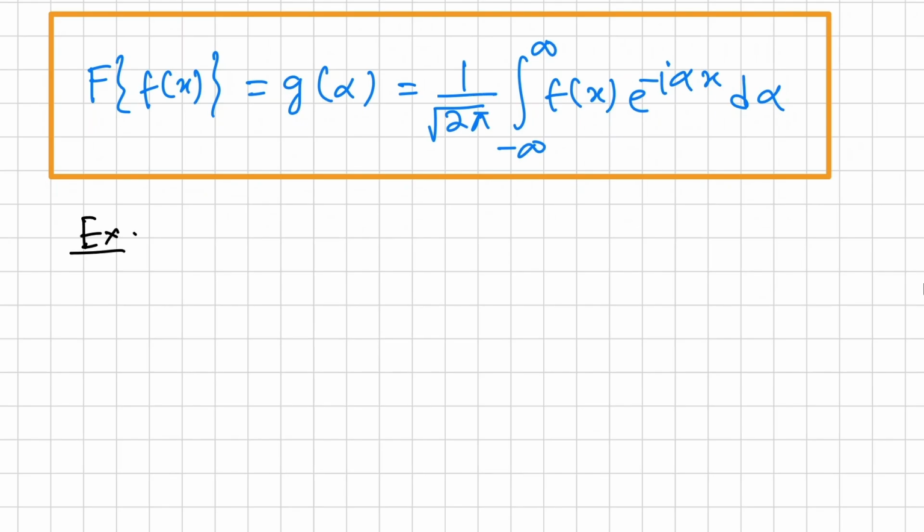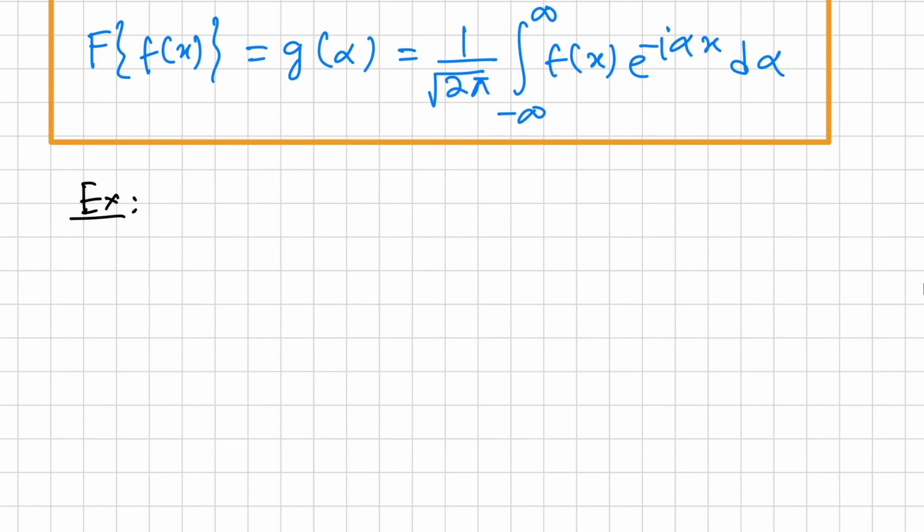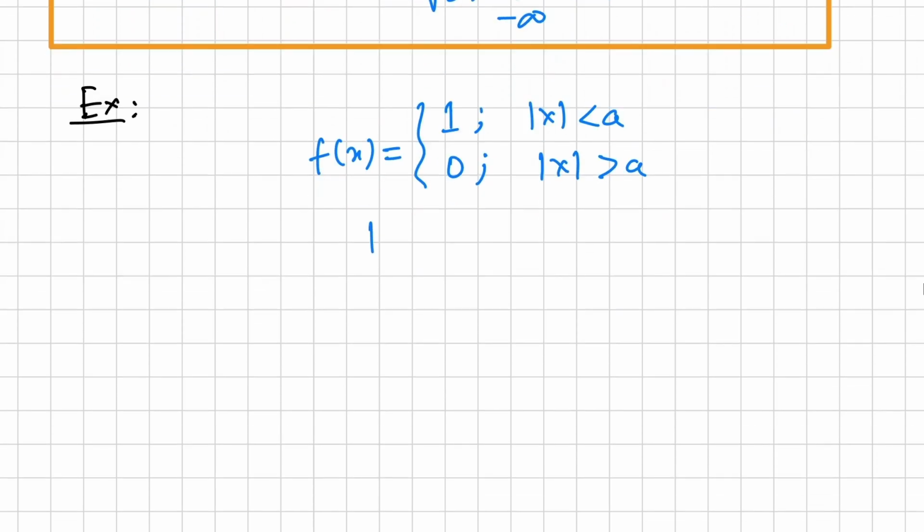Let me take a very simple example. Say you have a function f of x which is equal to 1 if mod of x is less than a, and is equal to 0 if mod of x is greater than a. And you are supposed to figure out the Fourier transform of this function.